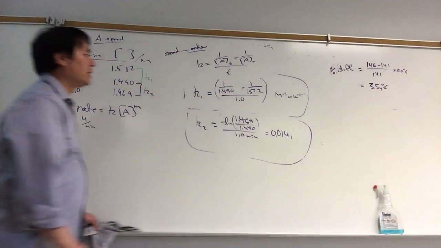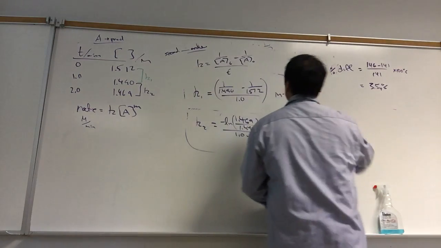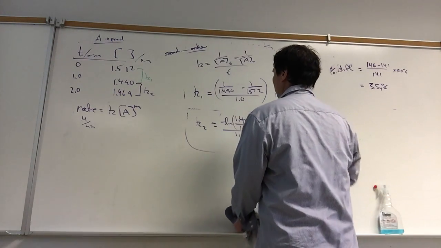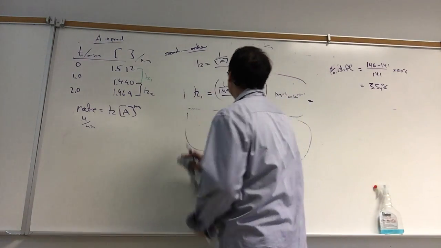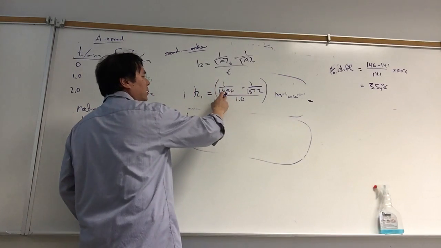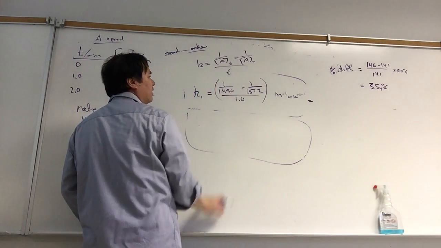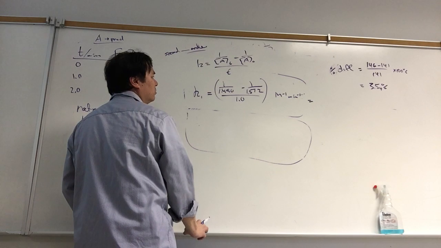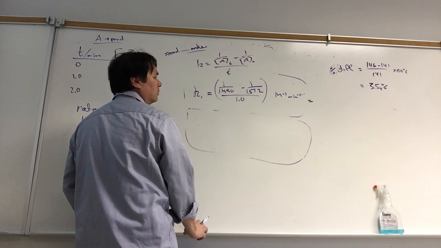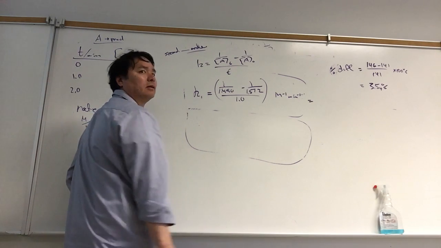And so what does this one come out to? The way you punch this is 1.49 invert minus 1.512 invert equals, divided by 1.